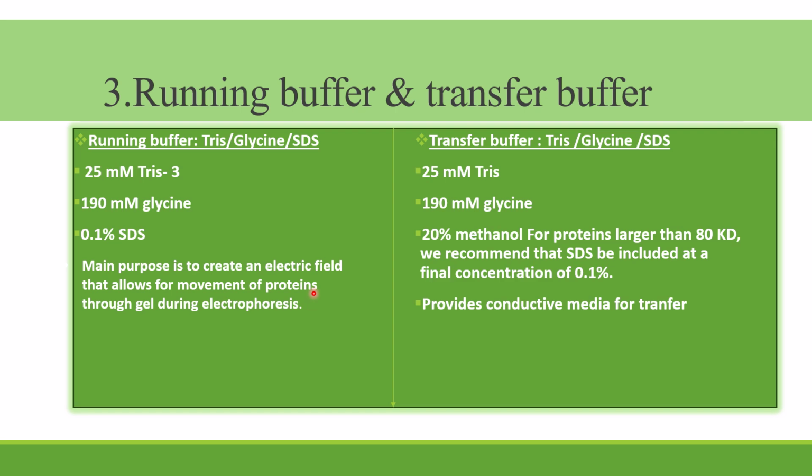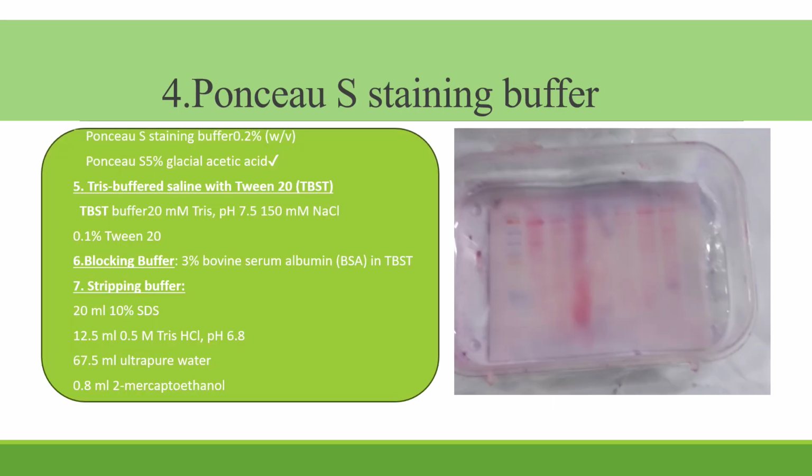Here 25 millimolar Tris, again same glycine, SDS there is some difference. For transfer we need 20% methanol. For proteins larger than 80 kDa, we recommend SDS to be included at the final. You don't need to just learn the components. Transfer has methanol extra here. Rest everything is the same as running buffer.